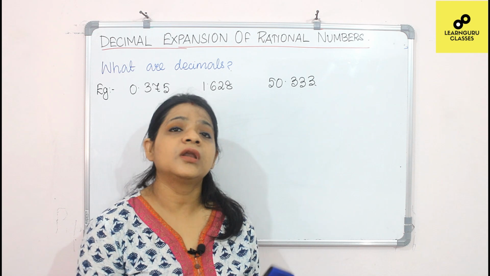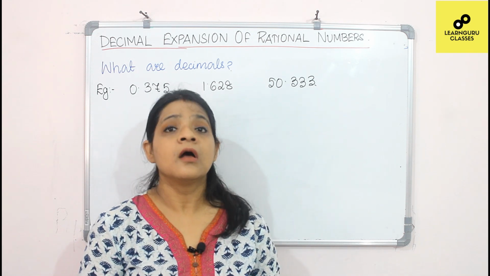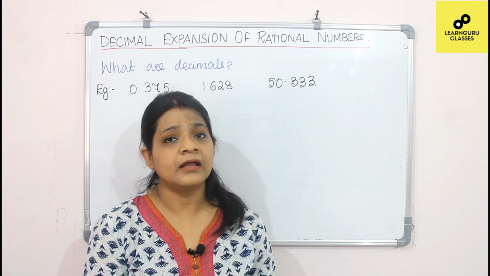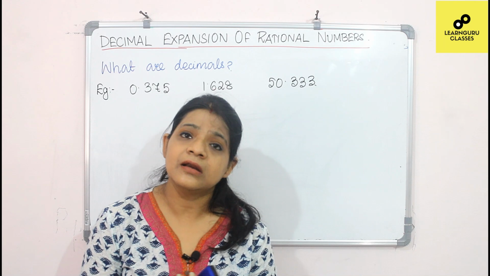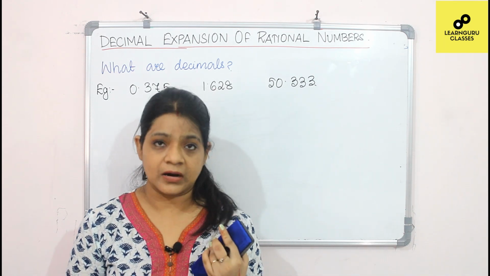But if somebody asks you how you define a decimal, what will be your answer? The answer is that a decimal number is any number that has two parts.